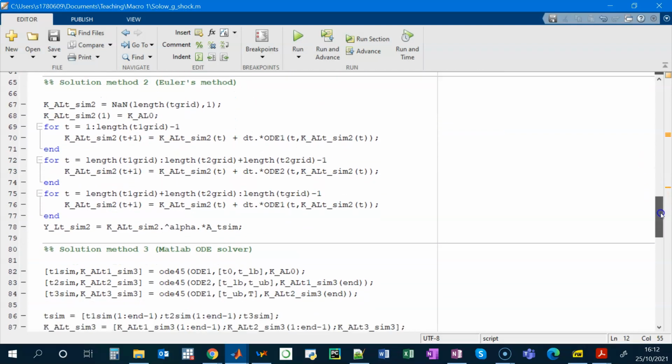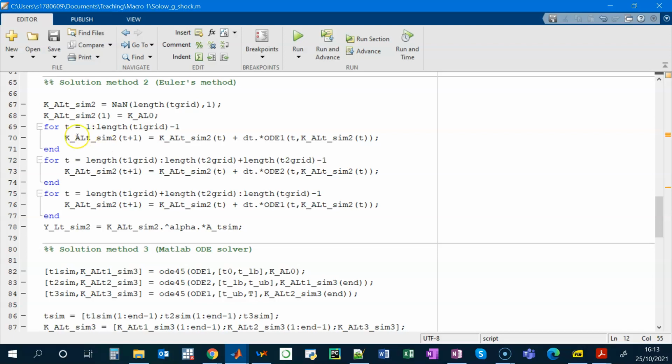The second one and the third one are both numerical methods. The second one uses a very simple numerical method for solving ordinary differential equations called Euler's method, where you basically treat the time derivative as a finite difference. So instead of being the change of k, for example, over an incrementally small period of time, it's over a small but finite period of time.